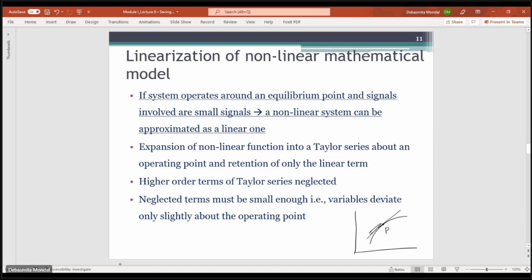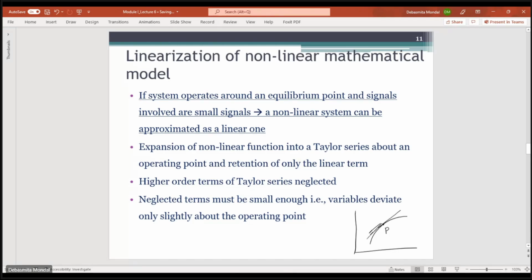so you can see that in very close proximity in and around this point P, the variation of this function is very less, right? So about this tangential point, the function does not vary much.